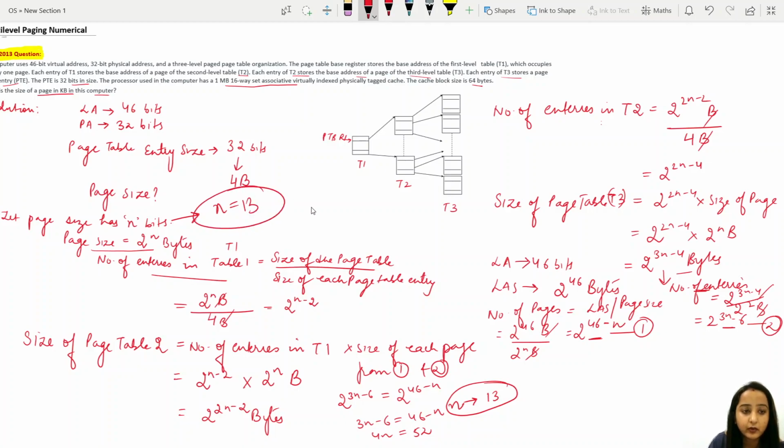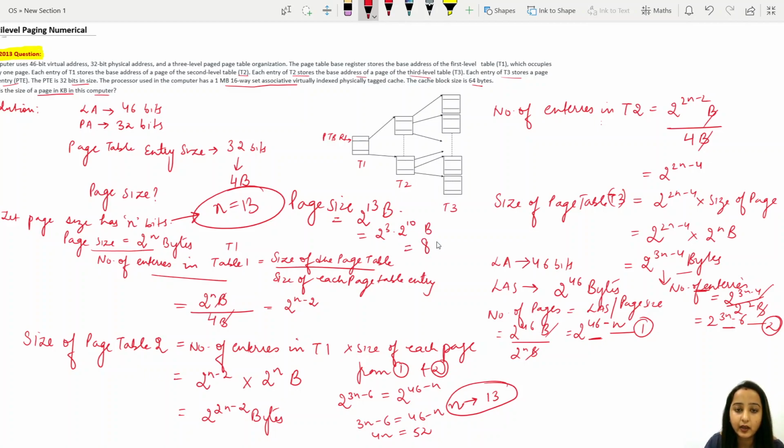If n is 13, what is the page size? We have to calculate the page size in KB. Page size will be equal to 2 raised to power 13 bytes. It will be 2 raised to power n bytes, because the size of each location is 1 byte. So 2 raised to power 3 into 2 raised to power 10, because we have to calculate it in KB.